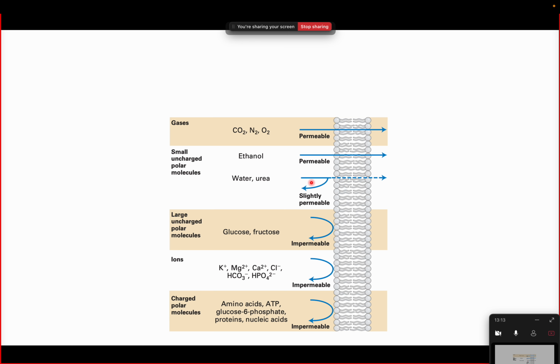Because of the energy barrier faced by polar molecules when they enter the highly hydrophobic or non-polar environment. So this is a very brief representation of such solutes.